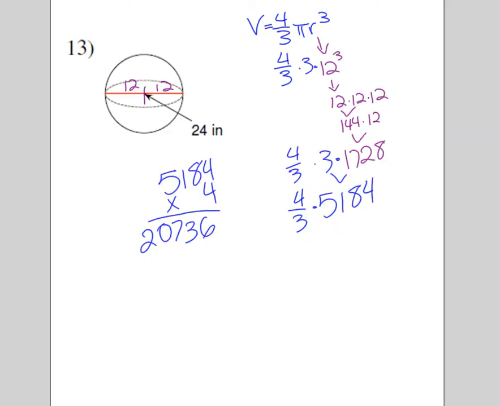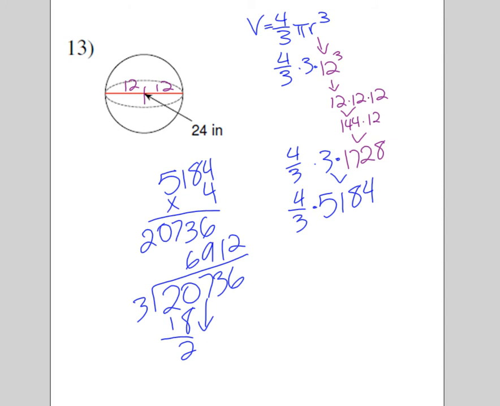What do we do with that? Divide by 3. 6912. Correct. Because that's the answer. So our volume is equal to 6,912 inches cubed.